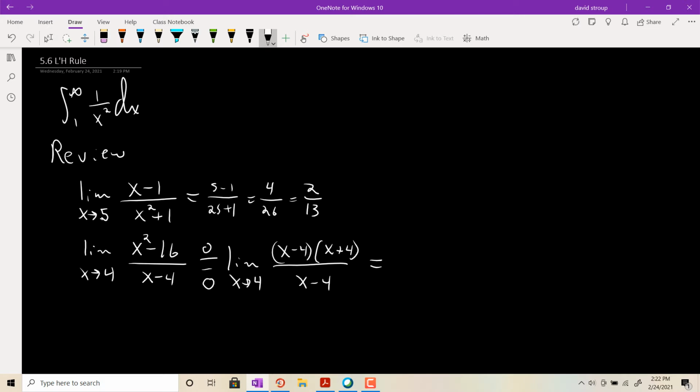We don't care what happens exactly there. That's a continuity issue. So if you remove those, you can take the limit as x goes to 4 of x plus 4, and then it's just plug in the 4 and you get 8.